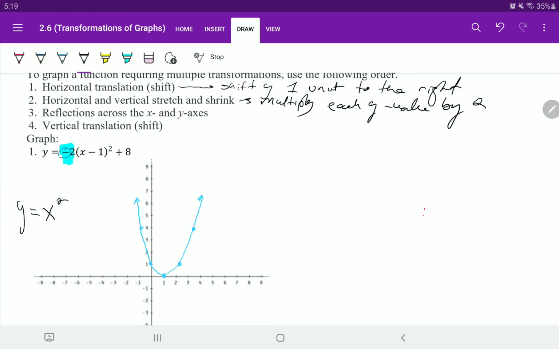And because there's a negative sign also on the outside of the function, we're going to reflect y over the x-axis, which means we're going to change the sign of each y coordinate.